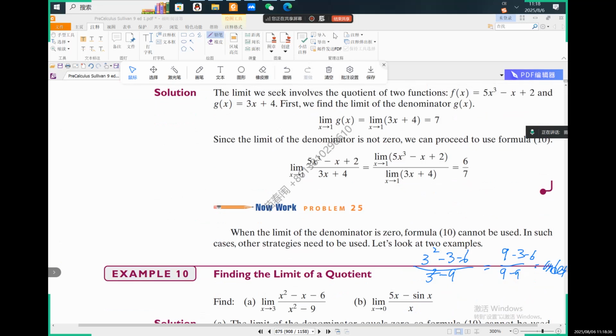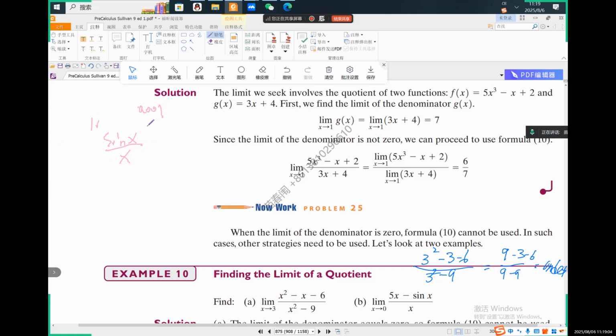If your substitution is not working, sometimes the limit still exists. We learned a little bit before, remember? Sine x over x. Substituting 0 directly is not working, but if you substitute 0.001, there is a limit. So that might work for this one too.